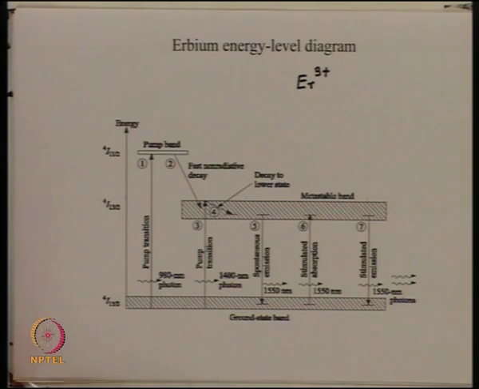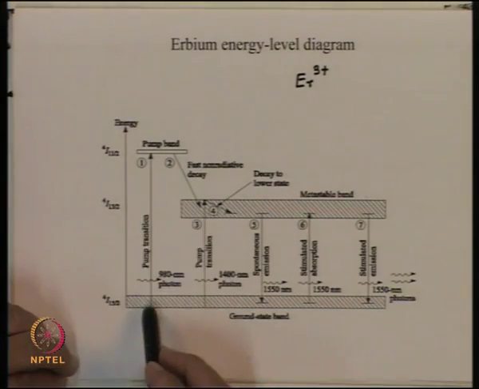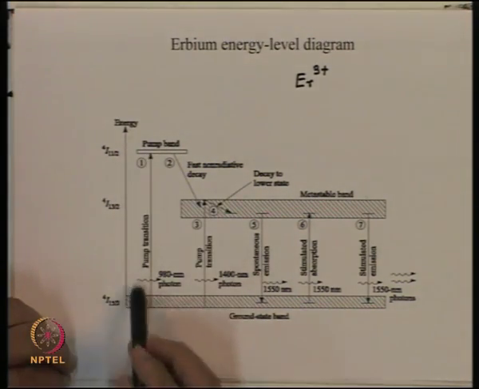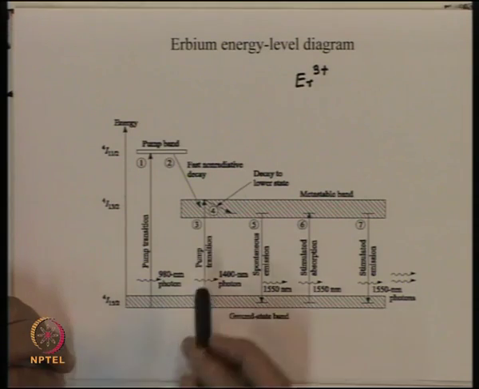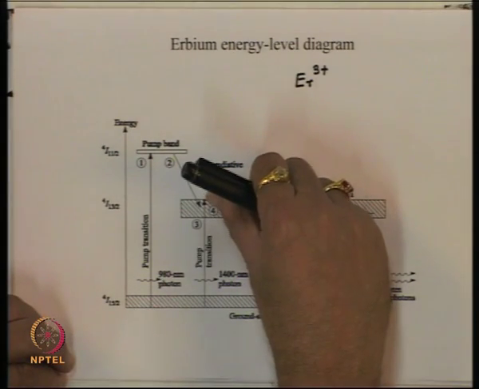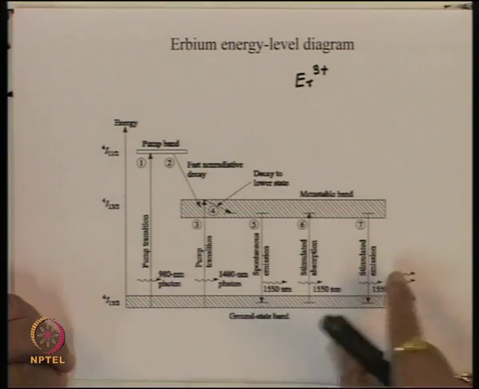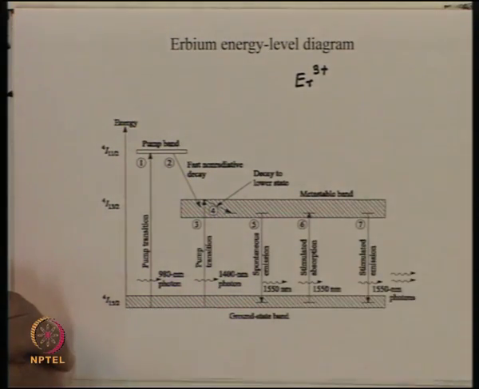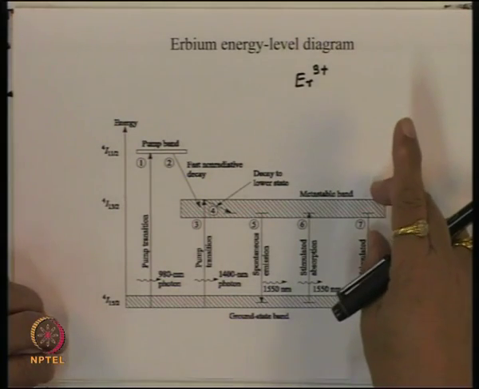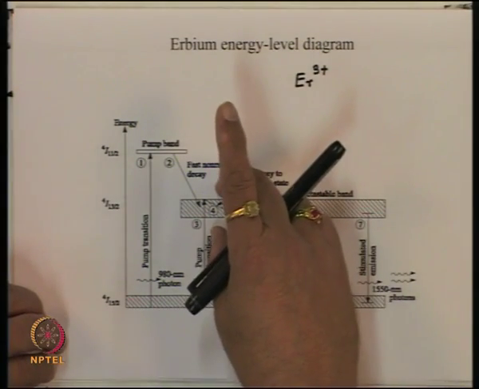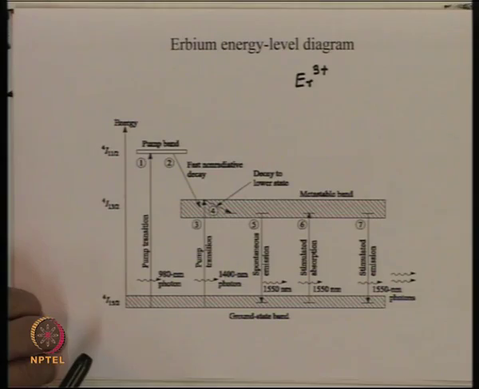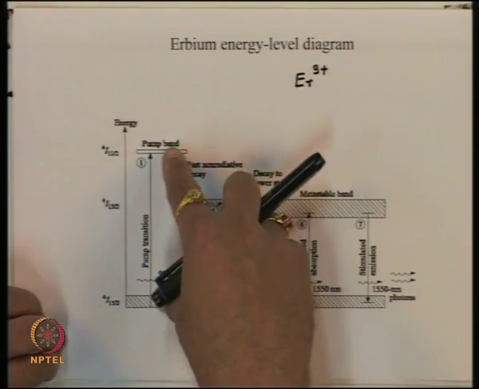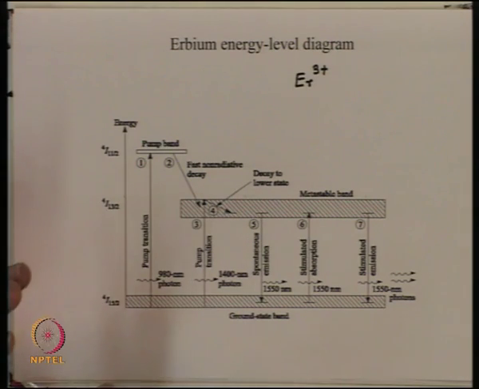Now the idea here is as follows: we excite the atom from this level to this level, and this difference corresponds to 980 nanometer. This difference from the edge is 1480 nanometer, to something like here, which is about 1550 or 1560 nanometer. So this band is fairly broad; it can go from about 1480 nanometer to 1560 nanometer. And this other difference is 980 nanometer. So there are now two possibilities.